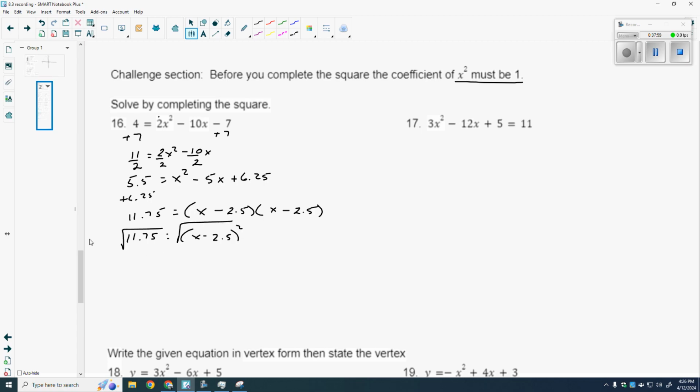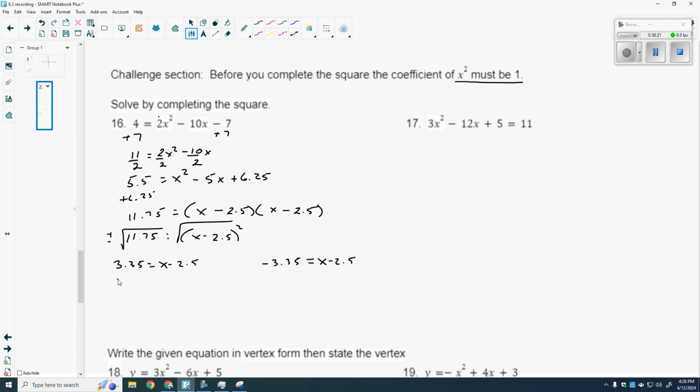Square root both sides. When I do, I generate the plus and the minus. The square root of 11.75 is 3.35. Or negative 3.35.